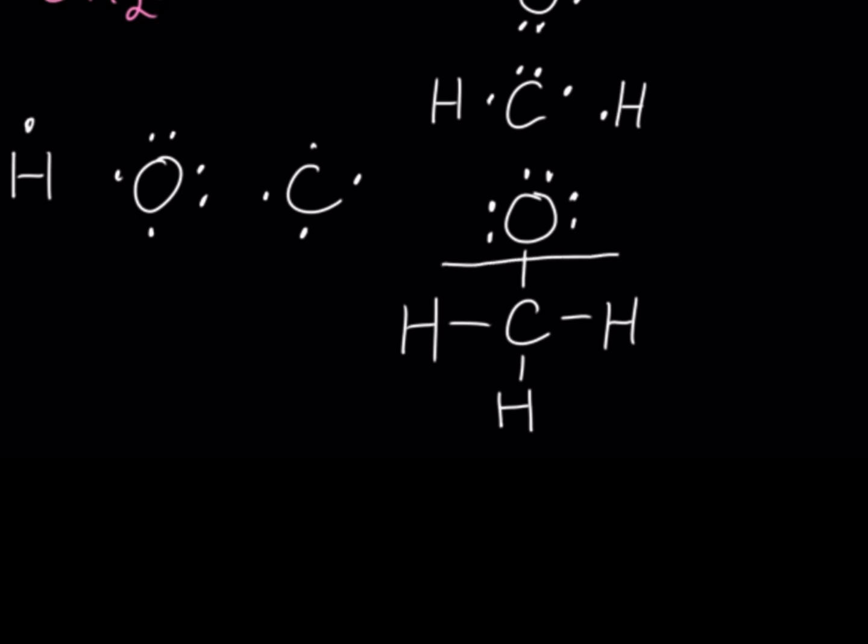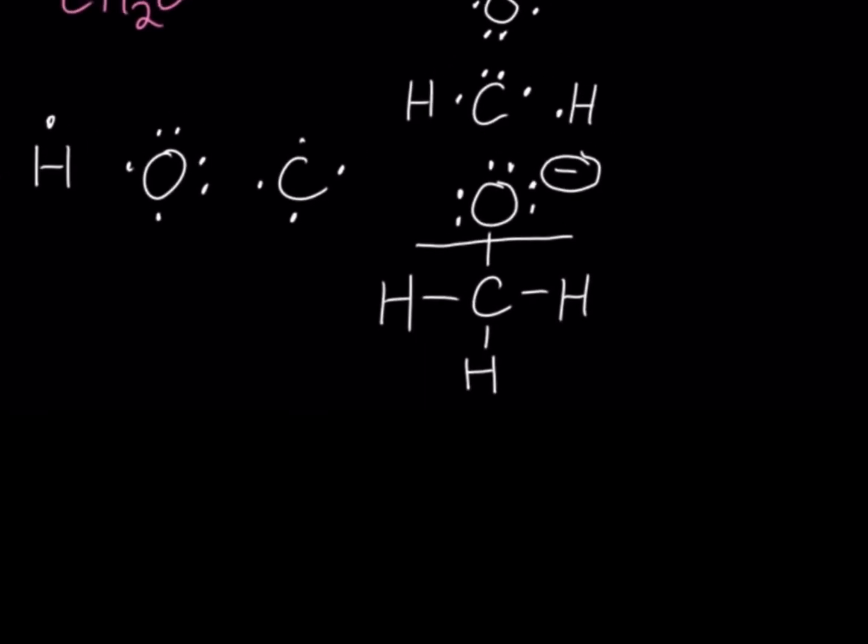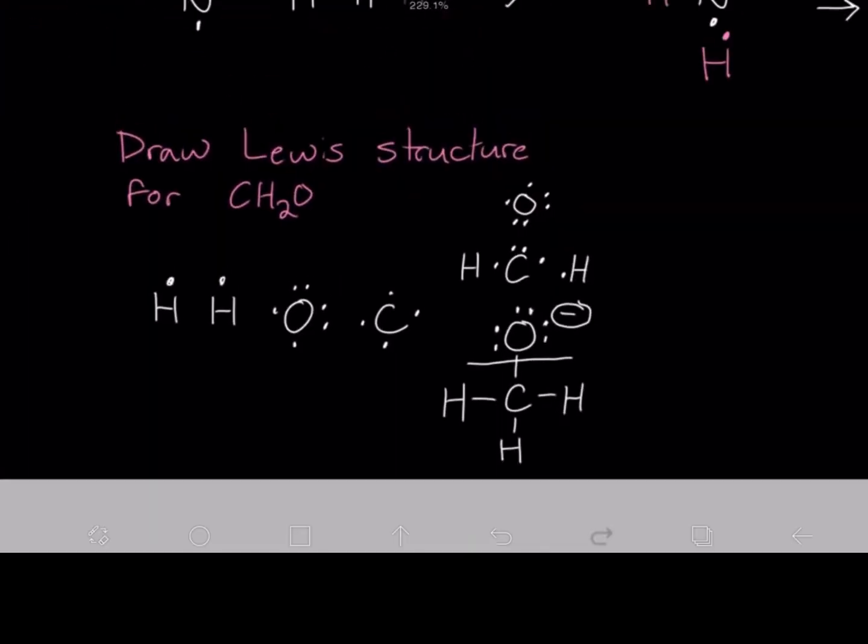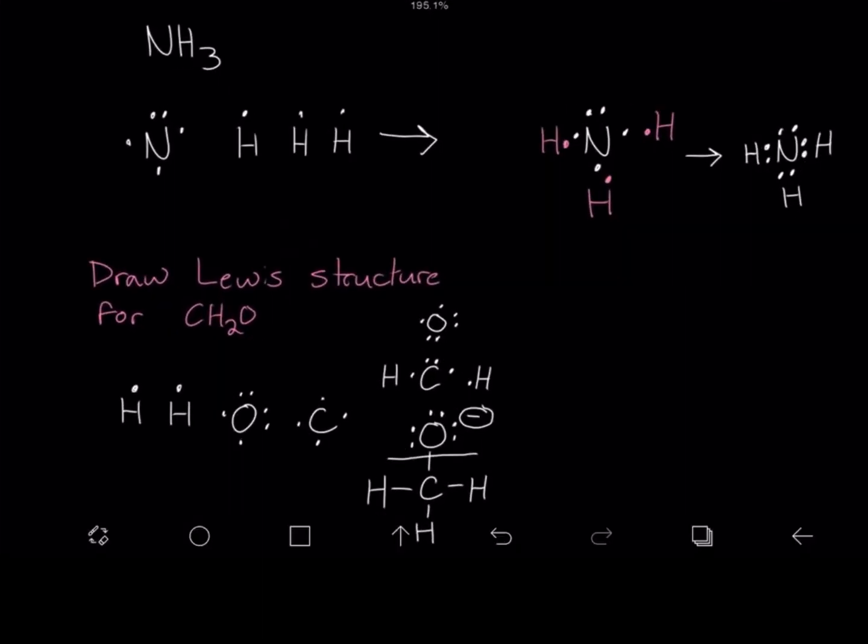So if we cut it over here, it would be 1, 2, 3, 4, 5, 6, 7. And that would give it a negative charge. So this is why it is very important to keep track of your periodic table, see which column it is in so you can know, oh, this is what we're looking for. This is how many valence electrons it will need.